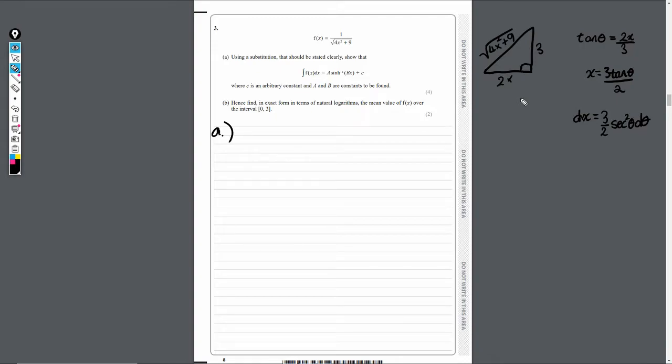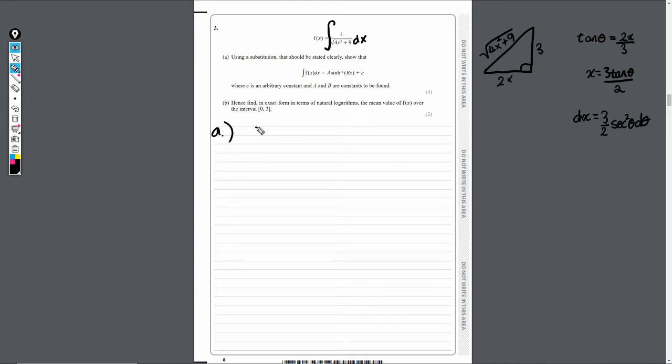Let's jump into actually substituting this now. So I'm integrating f of x with respect to x, so it'd be the integral now of this dx. Okay, so integrating this now, all I'm going to do is substitute my x equals into here, and I'm going to put dx on the numerator.